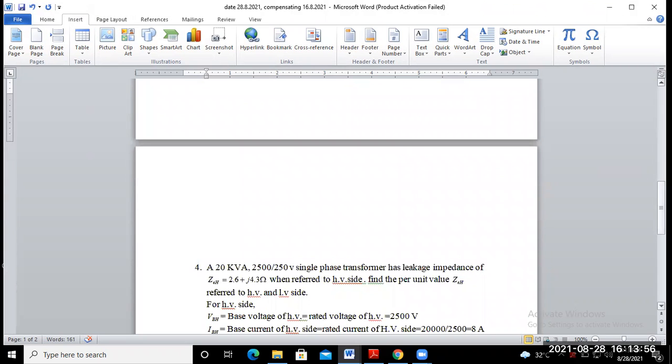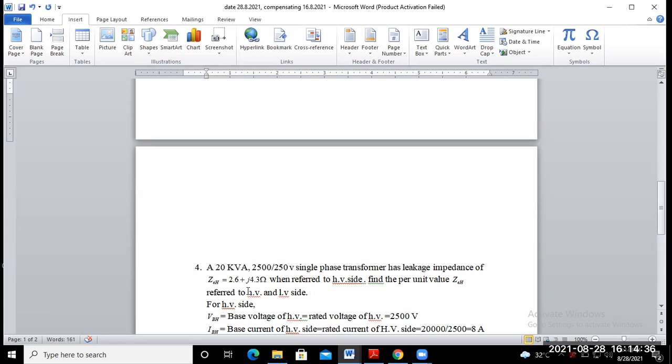That means suppose we consider a 20 kVA, 2500 divided by 250 volt single phase transformer that has leakage impedance of ZEH, that means equivalent leakage impedance on the high voltage side, equal to 2.6 plus j4.3 ohm when referred to the HV side. Okay, that means this impedance is given when all the parameters are referred to the HV side.